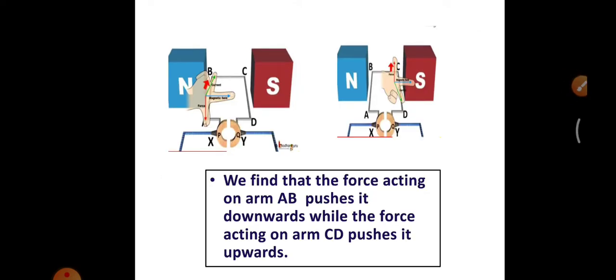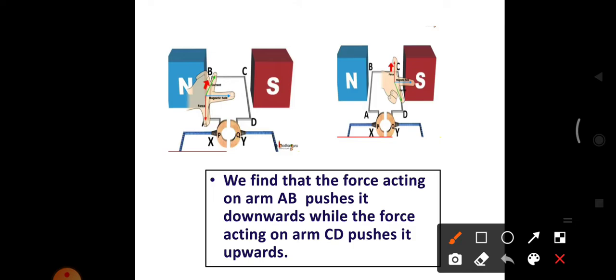We find that the force acting on arm AB pushes it downward, while the force acting on arm CD pushes it upward. So here there are two forces acting in opposite directions. When the two forces are acting in opposite directions, the coil starts to rotate.